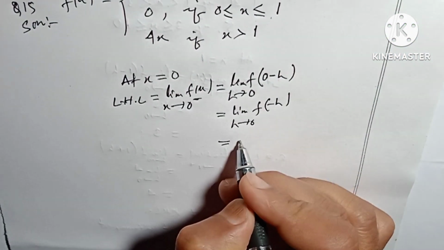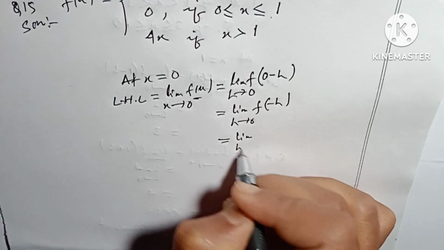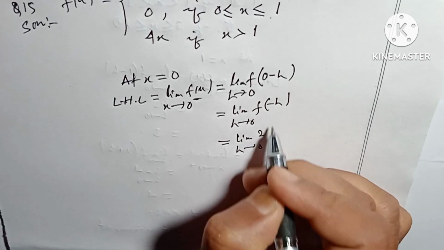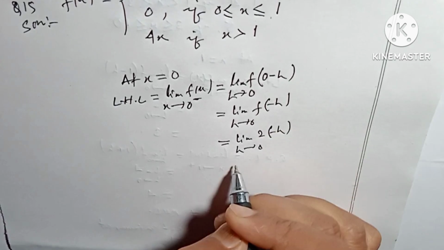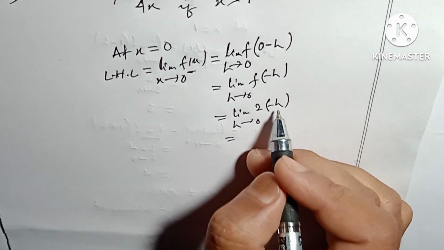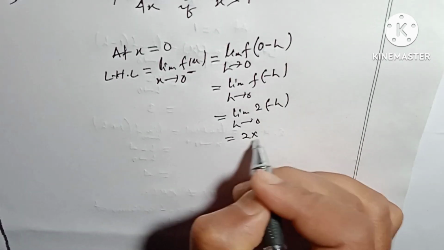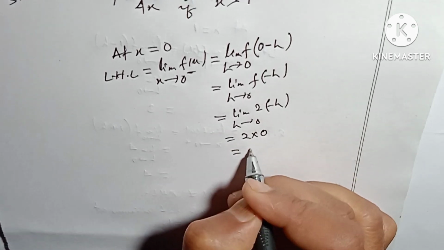So limit as h approaches 0 of 2 times (minus h). Let us put the value of h equal to 0. That is 2 into 0, which is equal to 0.